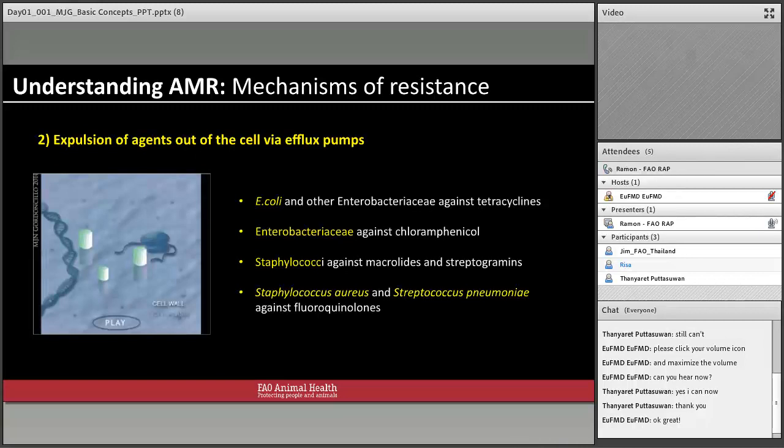So if you remember, tetracyclines, chloramphenicol, streptogramins, and fluoroquinolones have different mechanisms of action. However, whichever bacteria gain the capacity to produce efflux pumps, the antibiotics get extruded out.